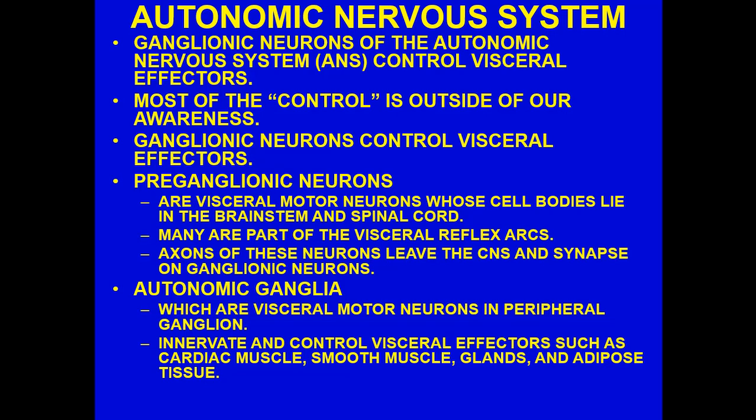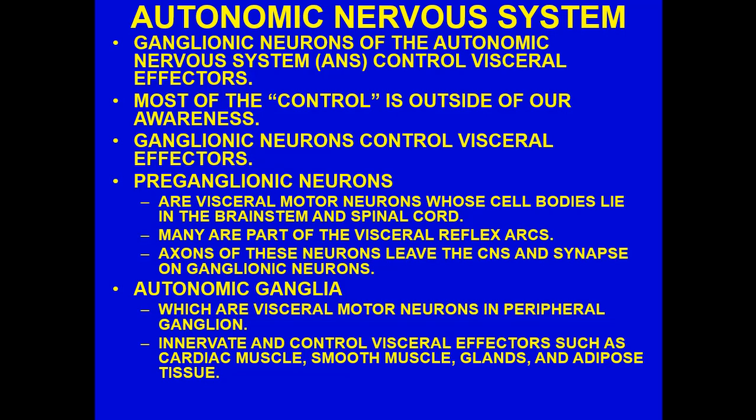Ganglionic neurons of the autonomic nervous system, from this point on we're going to refer to it as the ANS, control visceral effectors. Most of this control is outside of our awareness. Preganglionic neurons are visceral motor neurons whose cell bodies lie in the brain stem and the spinal cord.